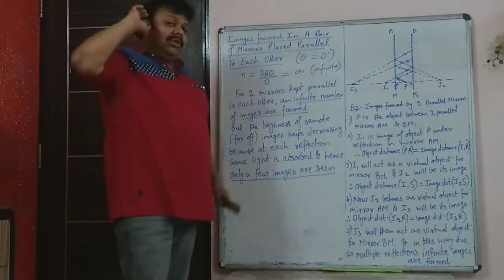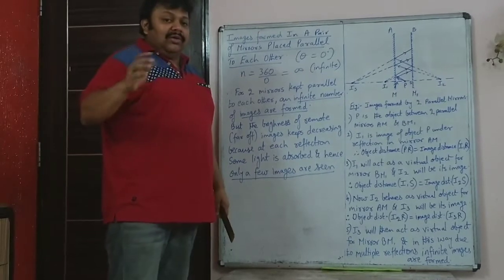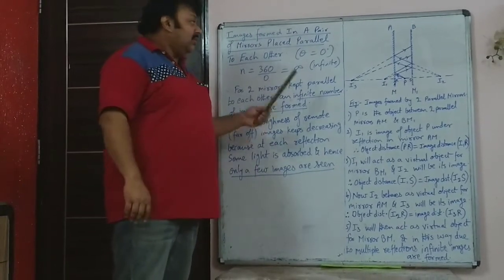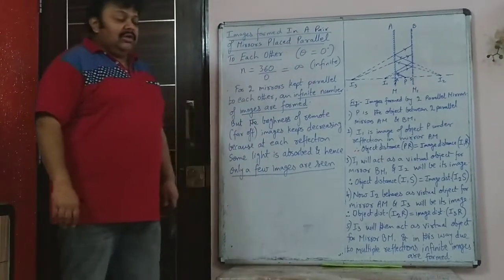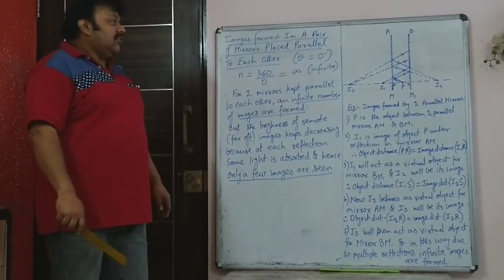So in a barber shop, you can see only a finite number of images, not an infinite number, but you will see a large number of images. So this is the explanation for that.